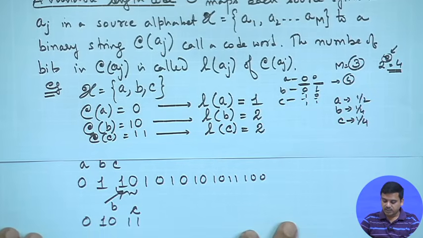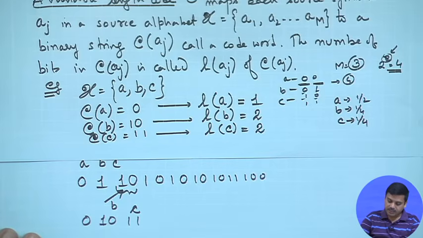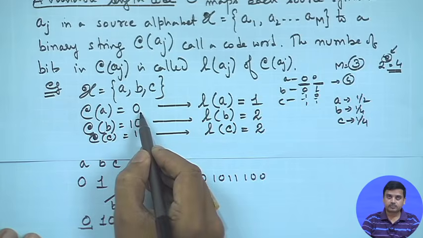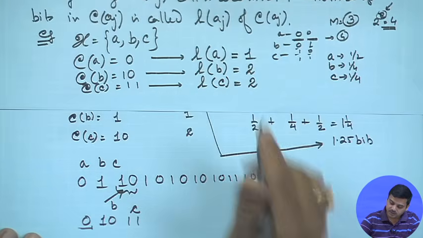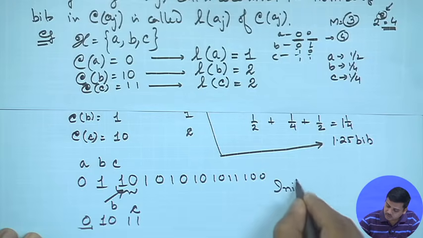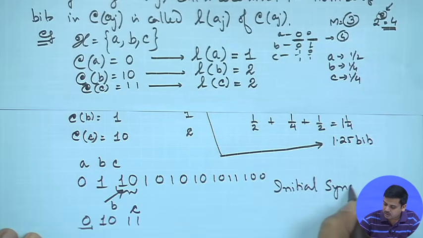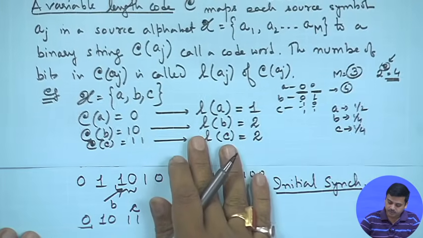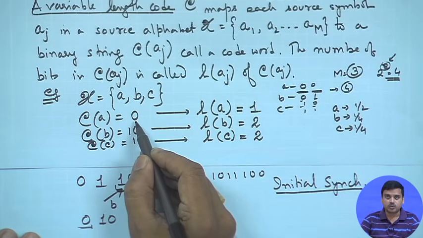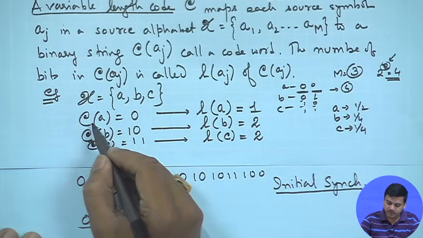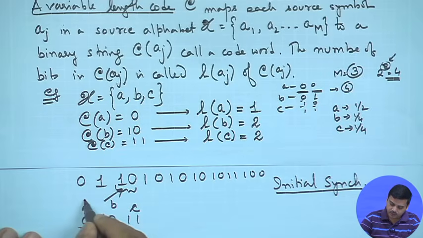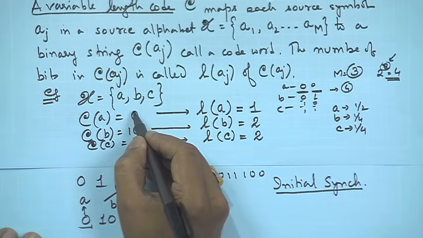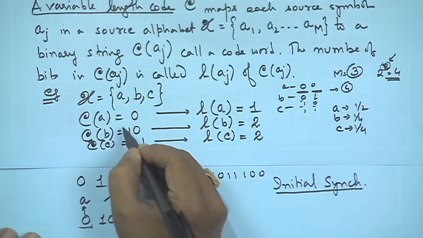Now, the receiver can use a method saying that I will read the code and immediately look it up. Of course, initial synchronization is always assumed. It will go into the lookup table and find that 0 is a code word, so it will immediately decode this to an A. Next, it gets a 1, it goes to the code book, it finds there is no code word with 1.